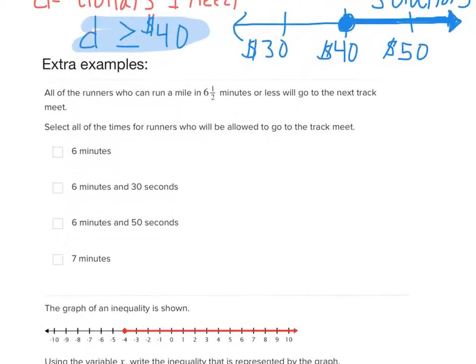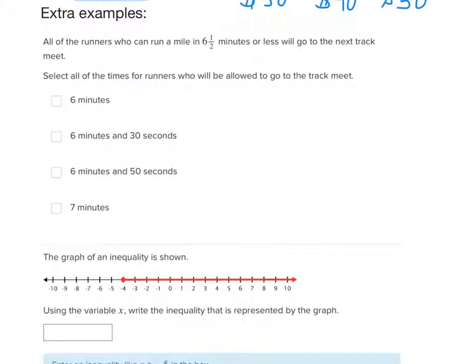Here are some extra examples. Don't write these down, just pay attention. All of the runners who can run a mile in 6.5 minutes or less will go to the track next meet. Select all of the times for runners who will be allowed to go to the track next meet.